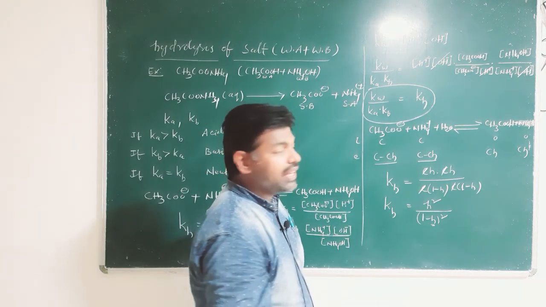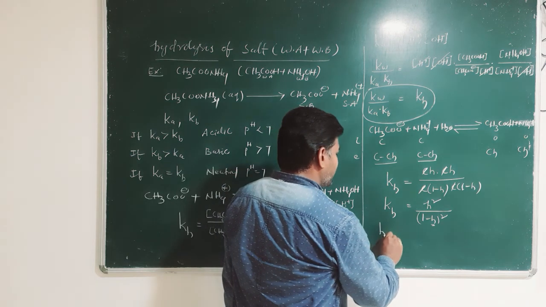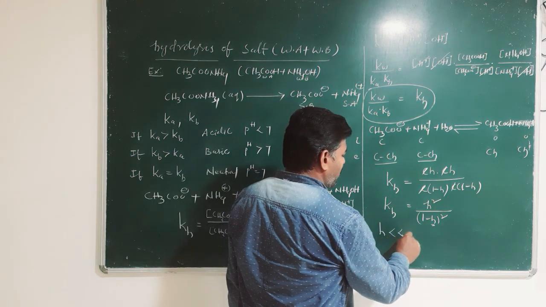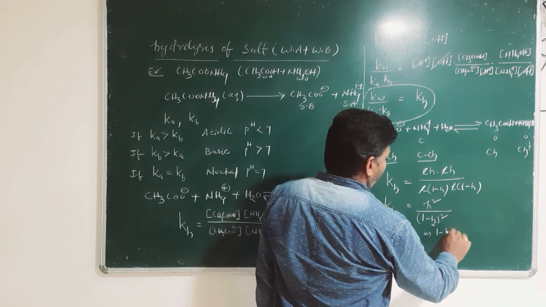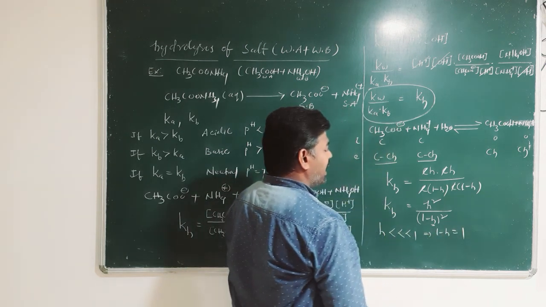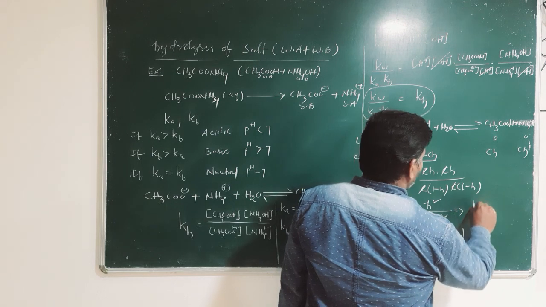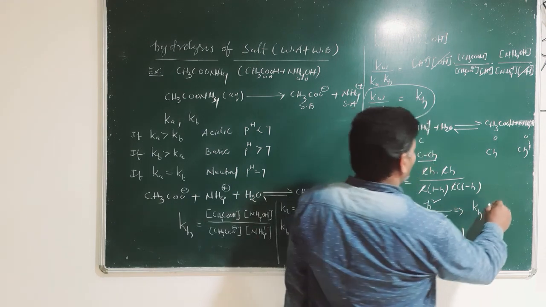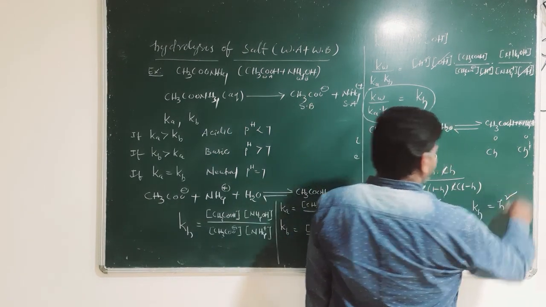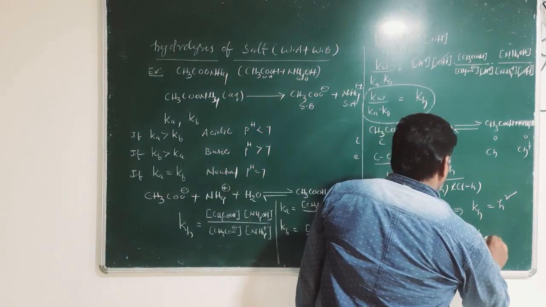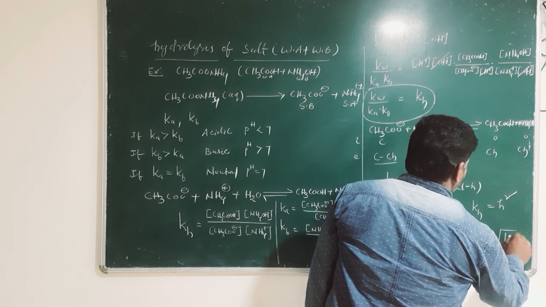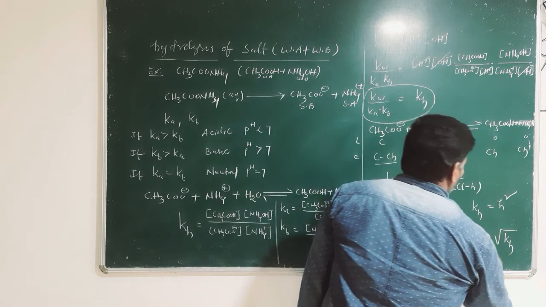If the degree of hydrolysis is much less than 1, then we can write 1 minus h equal to 1. Then Kh is equal to h square, and h is equal to root Kh.